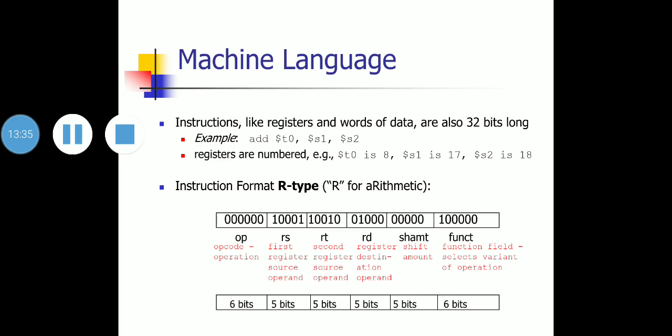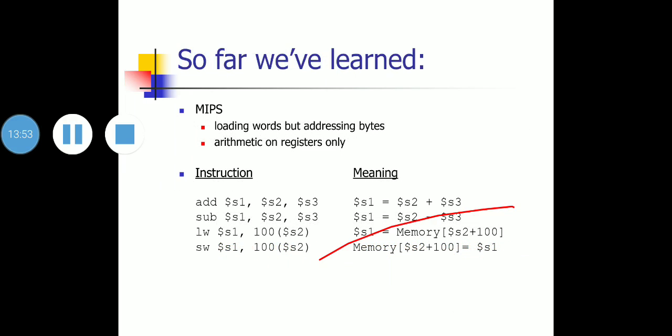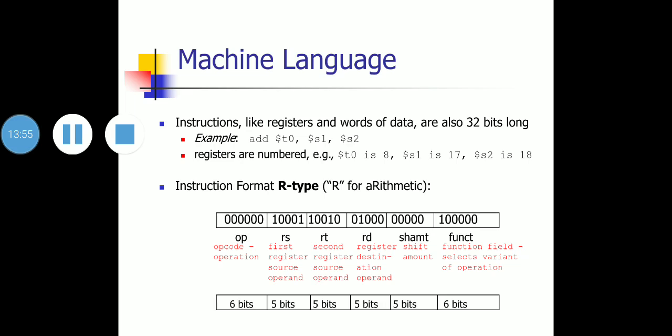So what is machine language? Instructions, like registers and words of data, are also 32 bits long. In MIPS, numerical values are assigned to the registers, so the registers are numbered. For example, here there is an instruction called add $T0, $S1, $S2.